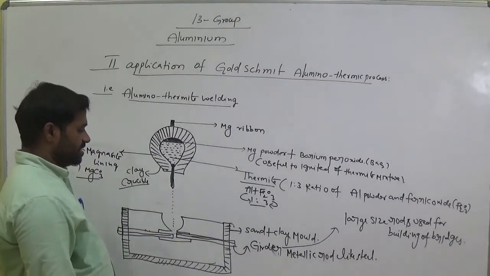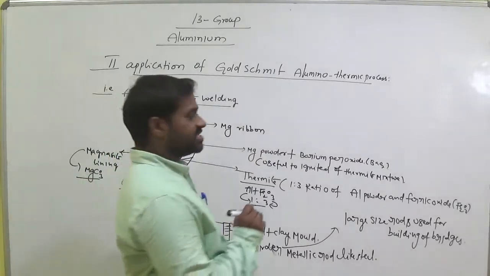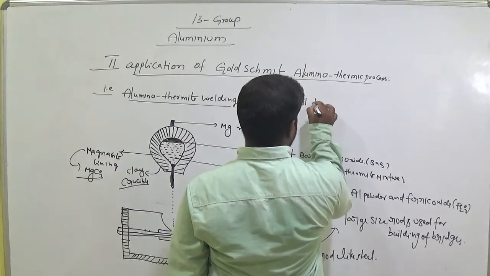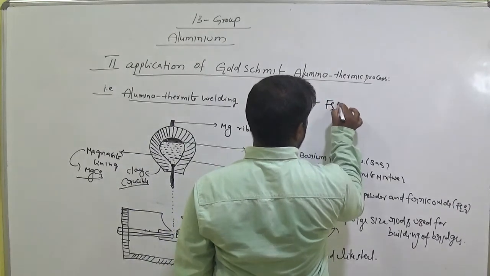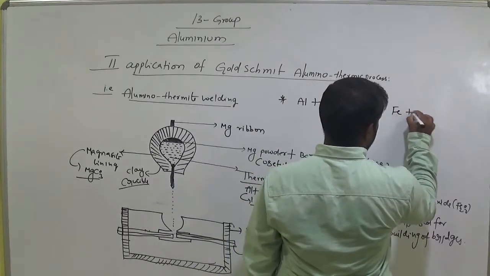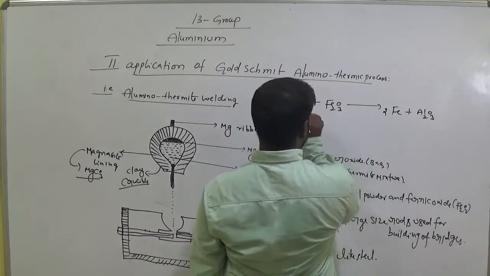Let's see. Now in this process, the aluminium interacts with ferric oxide and produces iron and Al2O3. Here 2 moles and this is 2 moles.